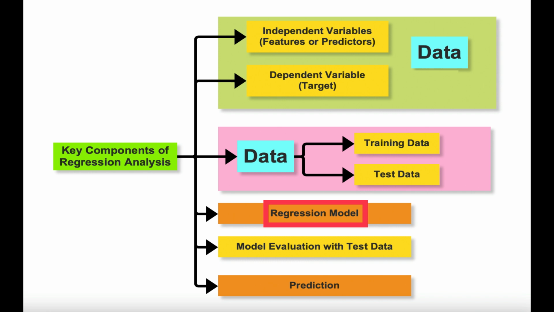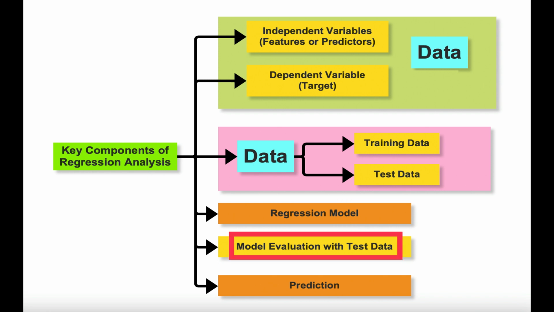The model discovers these patterns through training using training data. Model evaluation. Various metrics are used to evaluate the performance of the regression model. Common evaluation metrics include mean squared error, mean absolute error, and R squared, also known as coefficient of determination, etc.